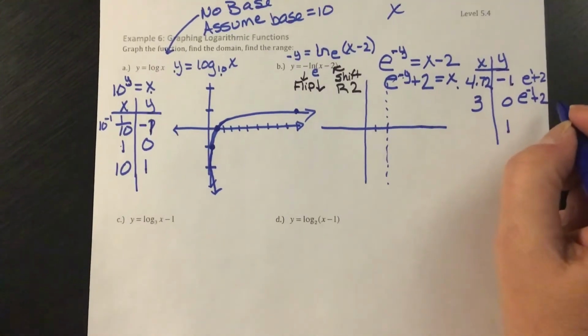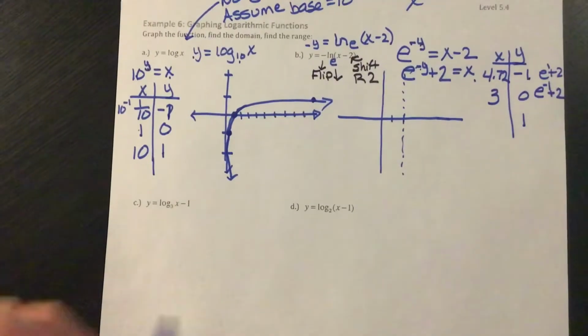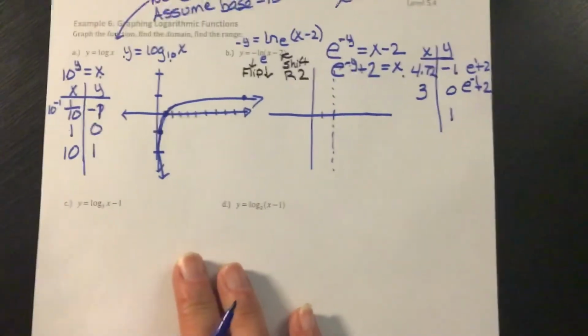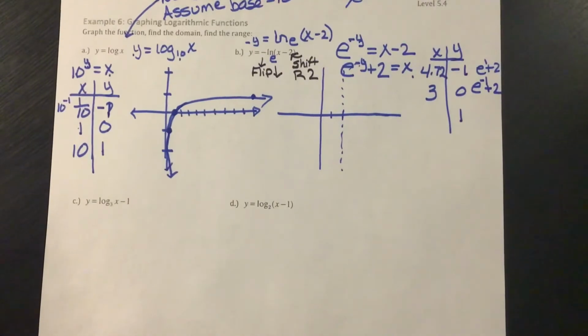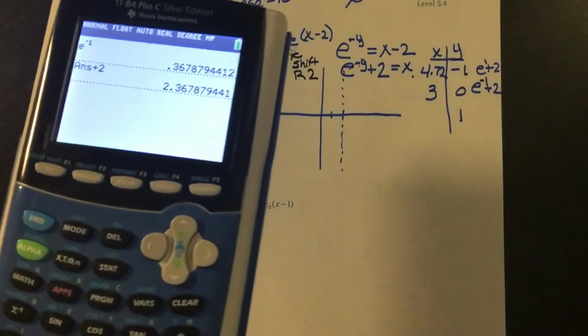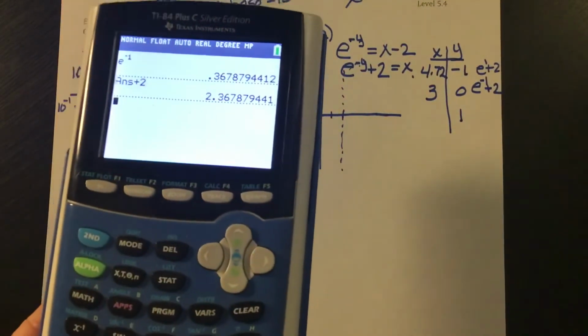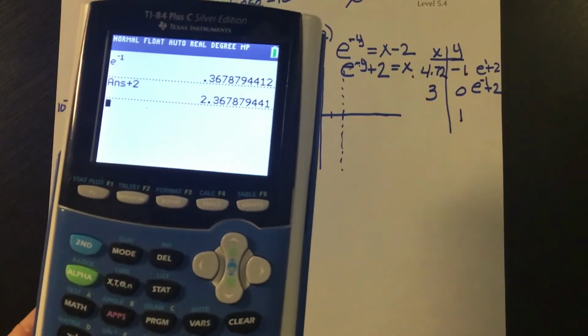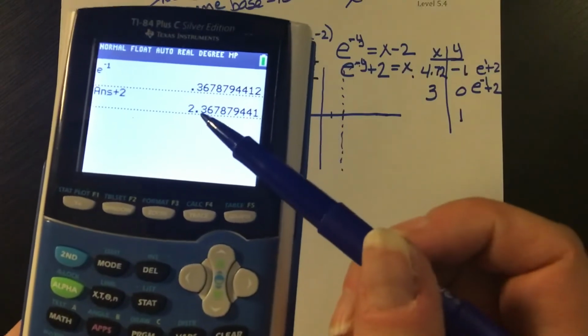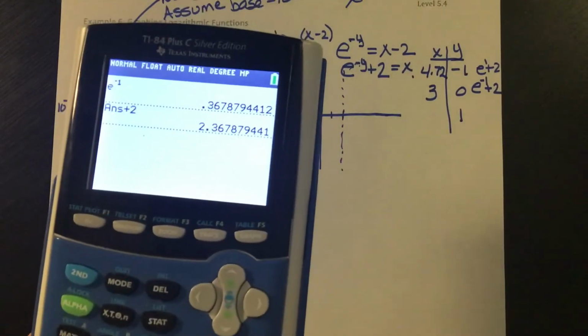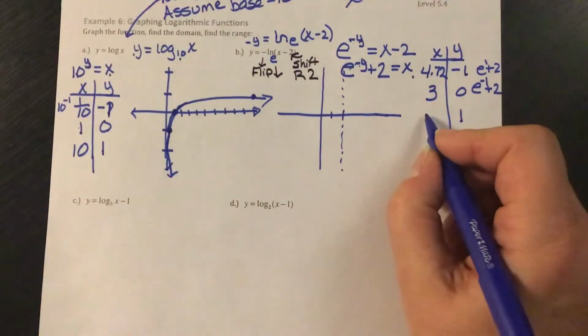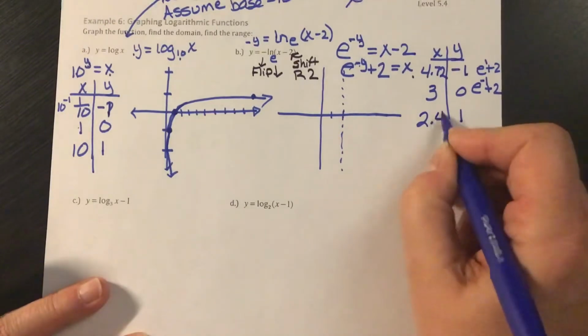So e to the -1st power, and I'm just looking at it on my handy dandy calculator, e to the -1st power is 0.367. And then if I add 2 to that, I'm going to get 2.36 or 2.4.